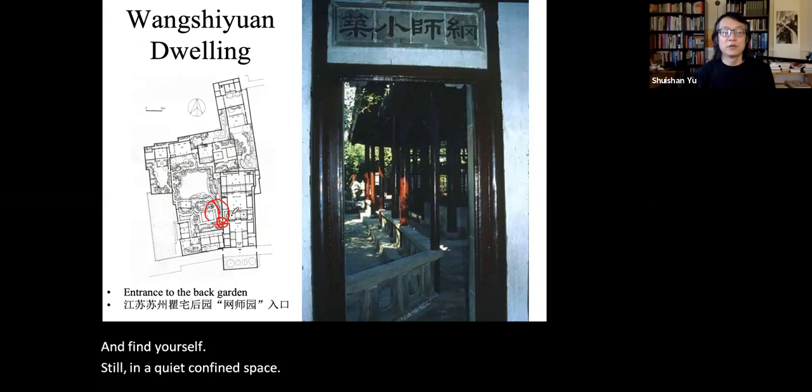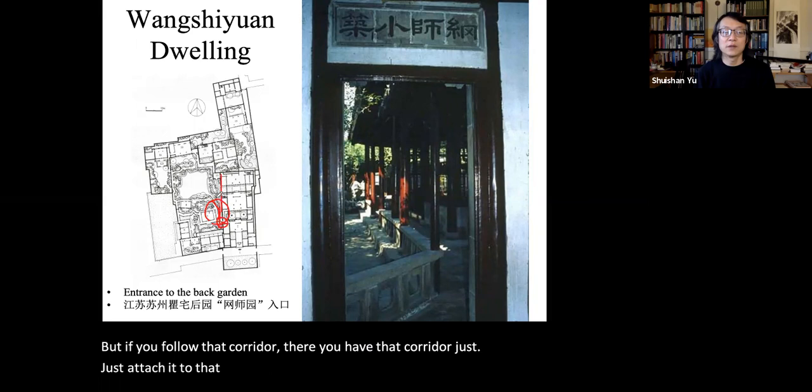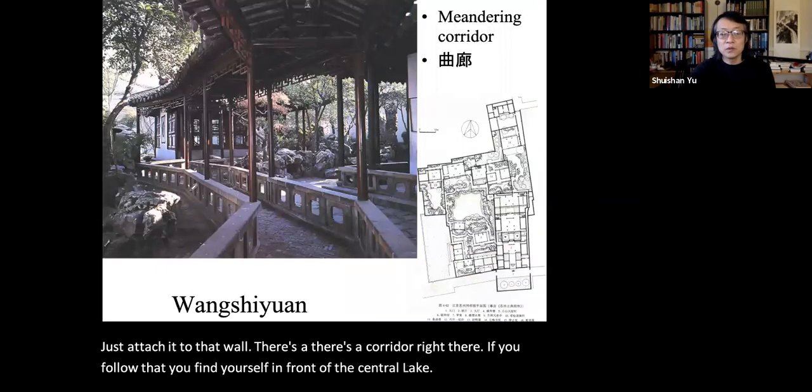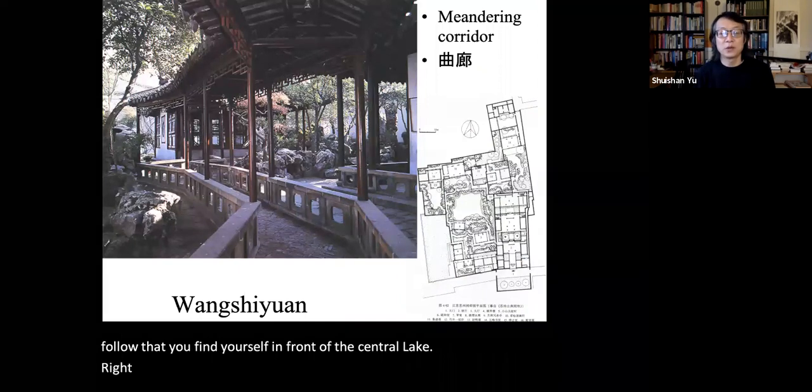But if you follow that corridor, there you have that corridor just attached to that wall. If you follow that, you find yourself in front of the central lake, right? And the meandering corridor.